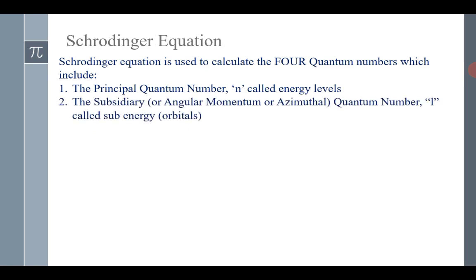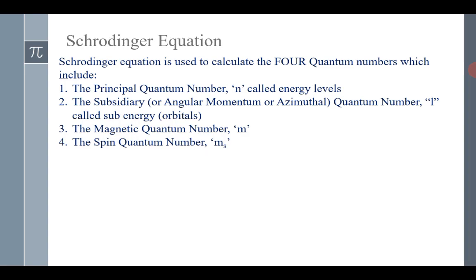Number two is the subsidiary or azimuthal or angular momentum quantum number, often represented by small l, which is also called sub-energy level or orbitals. Then the third quantum number is the magnetic quantum number, often labeled as small m. And the last one, but not the least, is the spin quantum number, often labeled as small ms.